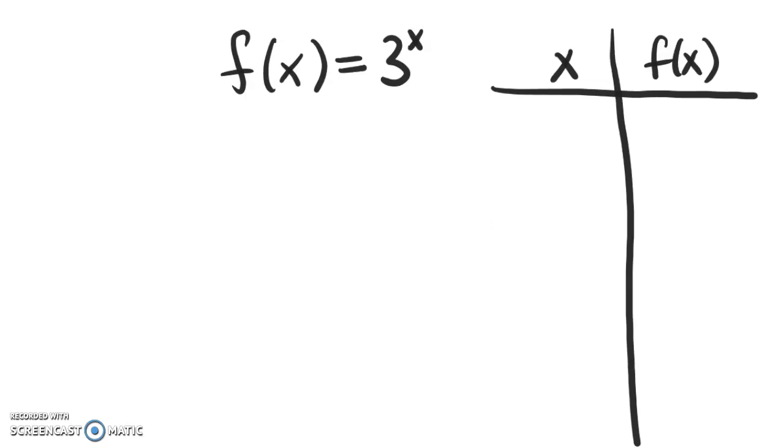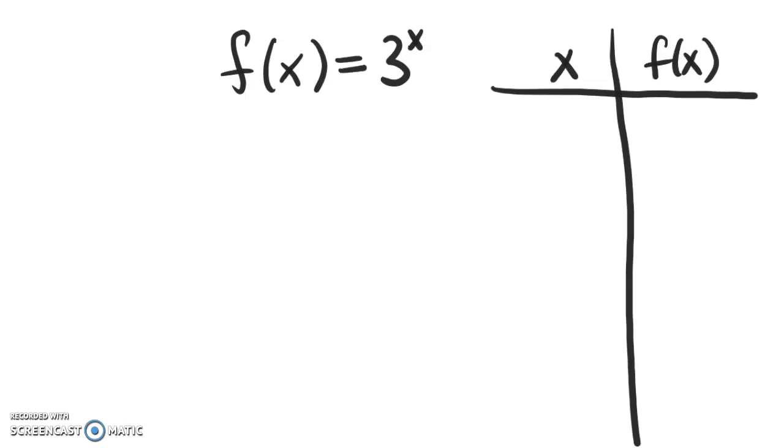So I'm going to select x values. Now remember, the base has to be greater than 0. So the base of 3 is greater than 0, so that's an exponential function. But my x value can be any number.